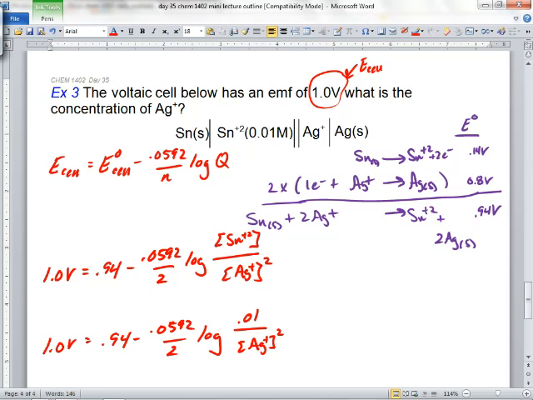There's the equation I ended up with. Products over reactants. You just write an equilibrium constant expression. So you've got to get that log all by itself.